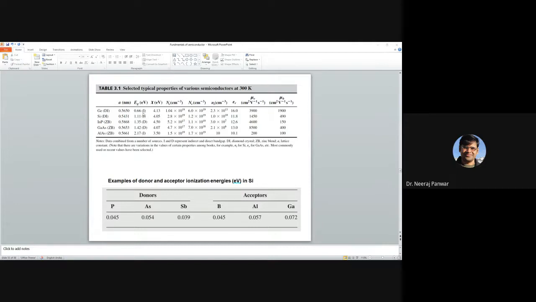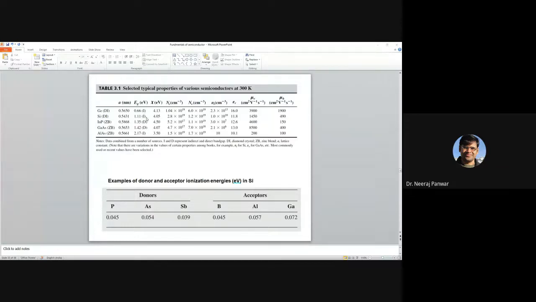And in the bracket, some letters are written, like I. I represents that it is an indirect band semiconductor. I will tell you the concept of direct and indirect band semiconductors. Where you find this letter I, it represents an indirect band semiconductor.